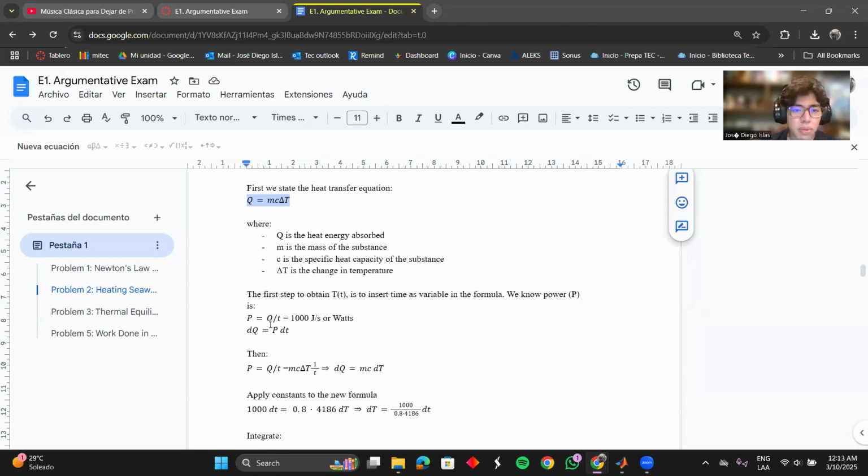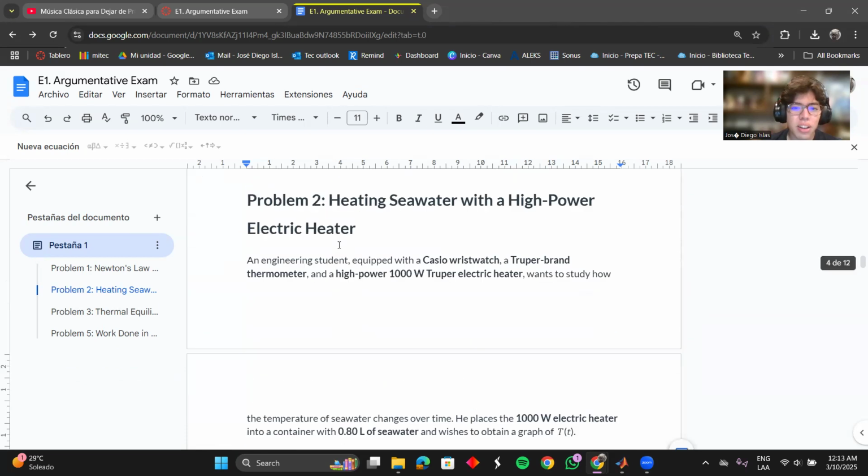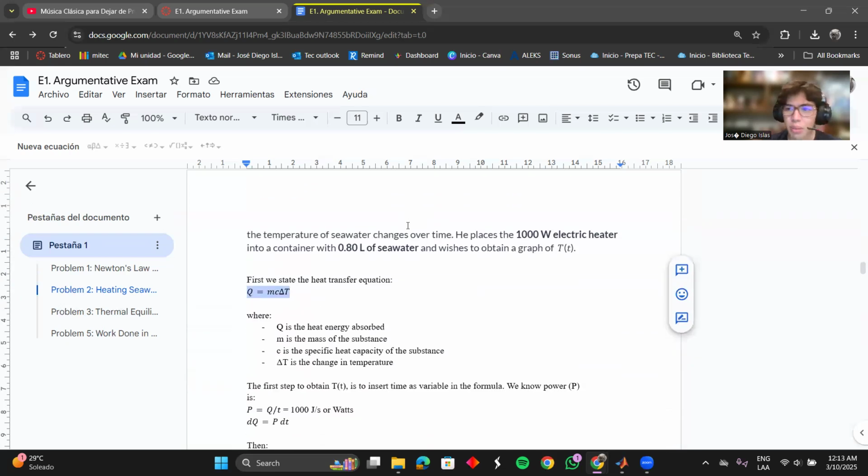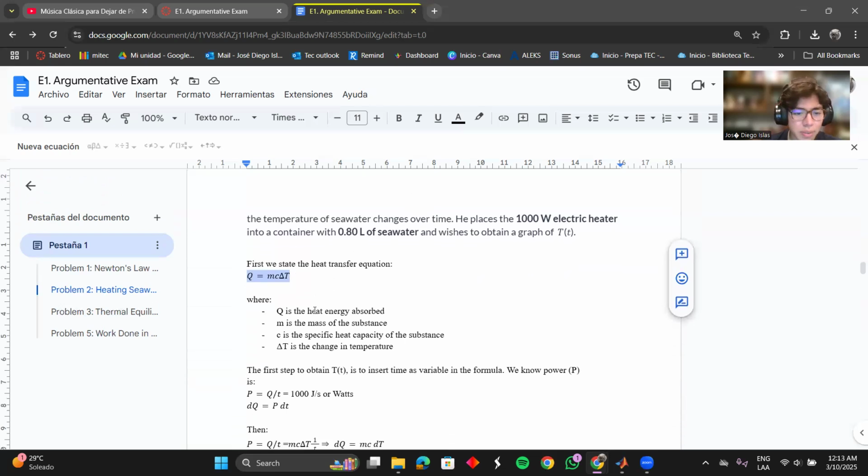The problem is pretty nice because it tells us that the heater is burning at a pace of 1,000 watts, and we know that watts is joules per second, right? So with that relation, we plug in the time variable.